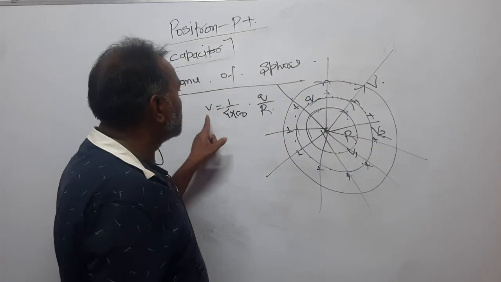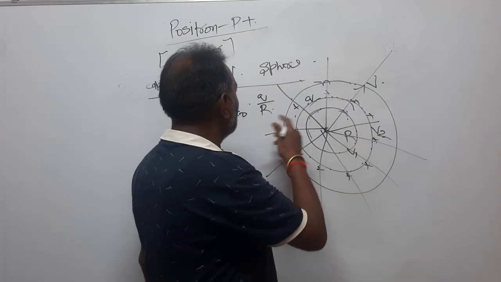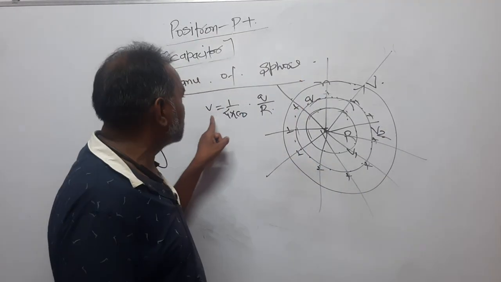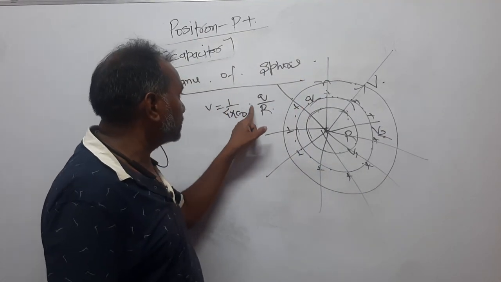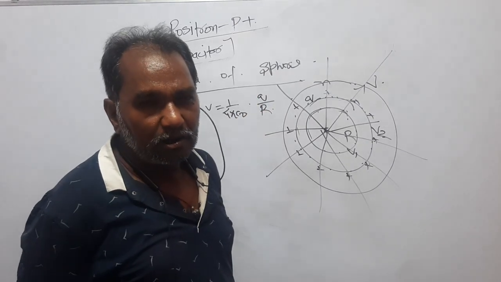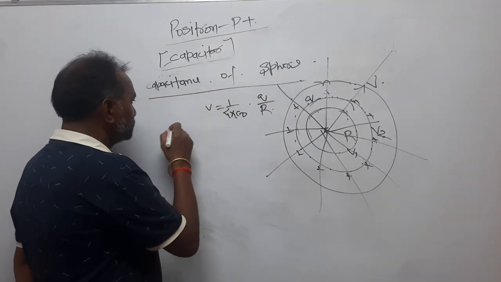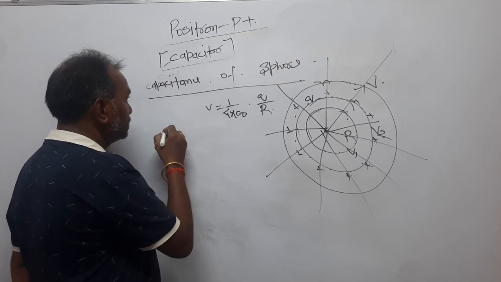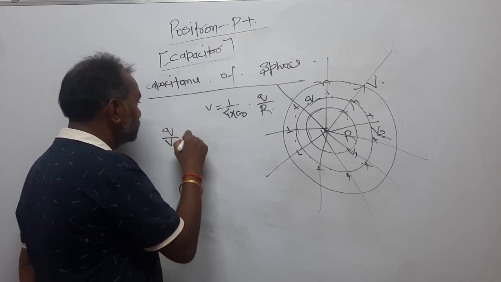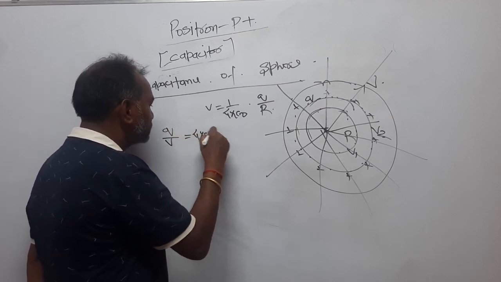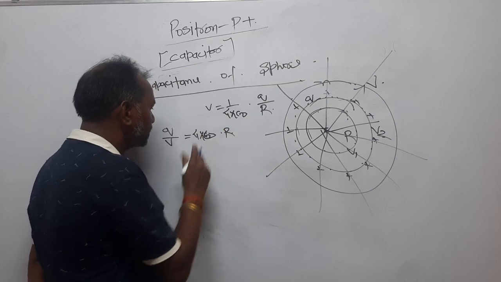Now, dear student, if radius is R and charge Q is distributed, then V is equal to 1 upon 4 pi epsilon naught Q upon R. Now, dear students, look here. You can write Q upon V is equal to 4 pi epsilon naught into R, right?